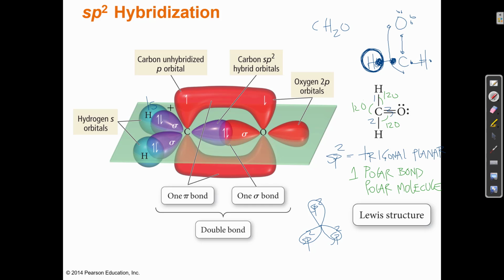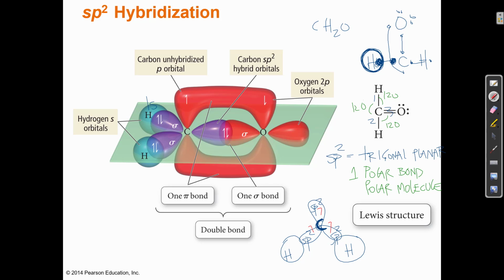So what I'm looking at here is this: a carbon atom has 3 sp2 electrons. 1, 2, 3. Hydrogen atoms, here's a hydrogen atom, here's a hydrogen atom, hydrogen, hydrogen.